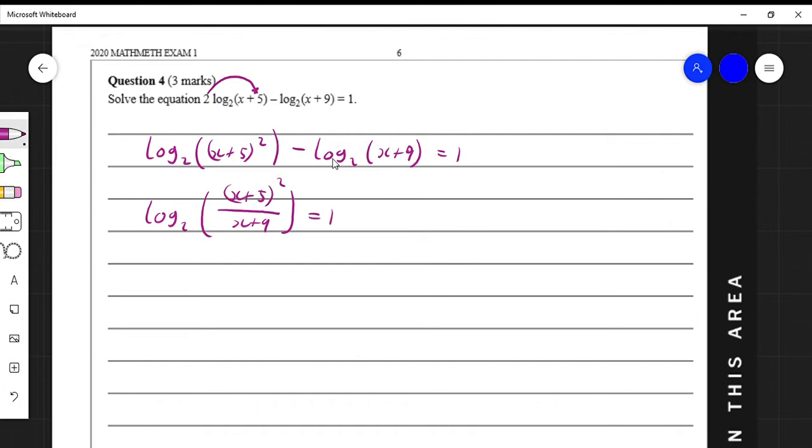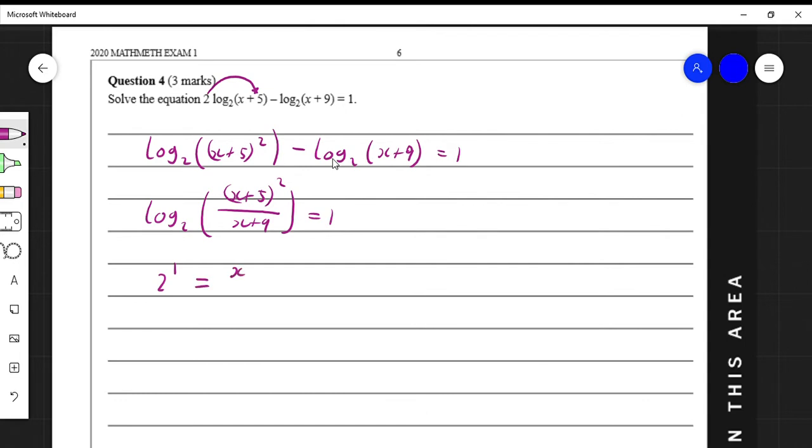So now we've got one log of just one function. So by the definition of a log, which you should all know, you can see that 2 to the power of 1, so this base 2 to the power of this 1 on the right hand side, equals our inner log.